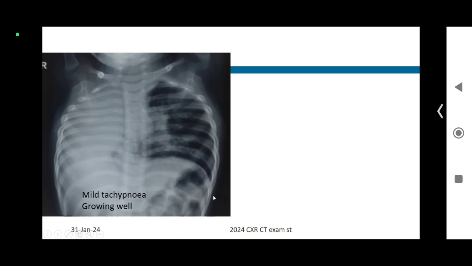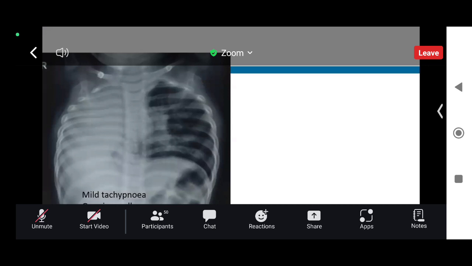Here, the child is thriving well, and you are able to see the intercostal spaces. It is narrowed, similar to what you see in an atelectasis, but without that much respiratory distress. Usually, if the child is otherwise doing well, it is an agenesis of the lung.